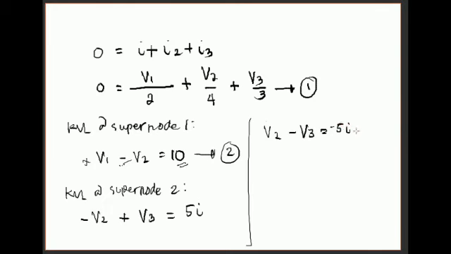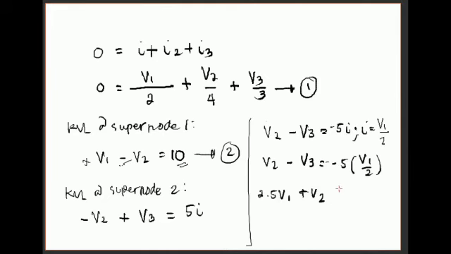We also have to recognize that I is simply V1 over 2. So V2 minus V3 is equal to 5 times V1 over 2. Hence we have 2.5 V1 plus V2 minus V3 equals 0.